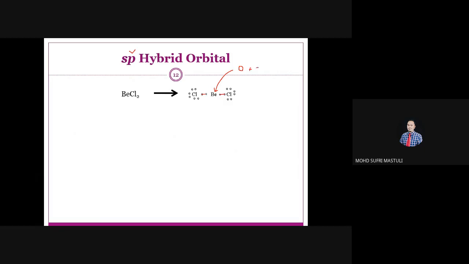So we have two bonding pairs, so the electron domain is 2. When the electron domain is 2, the geometry is linear. And we know an electron domain of 2 means the hybridization is sp.